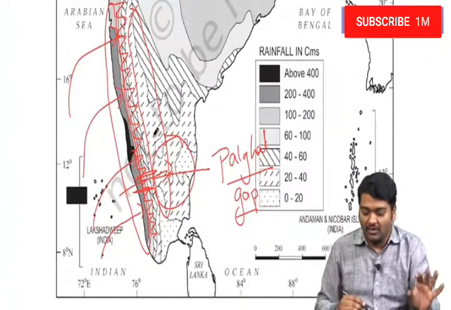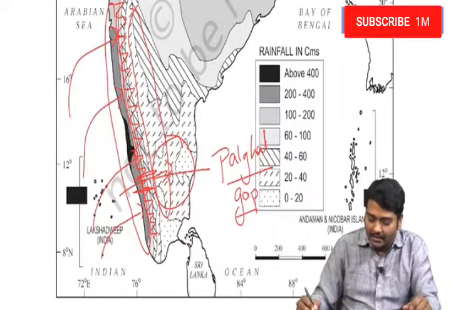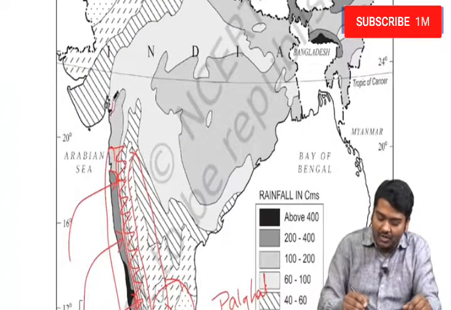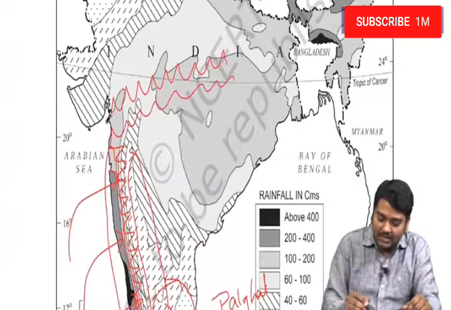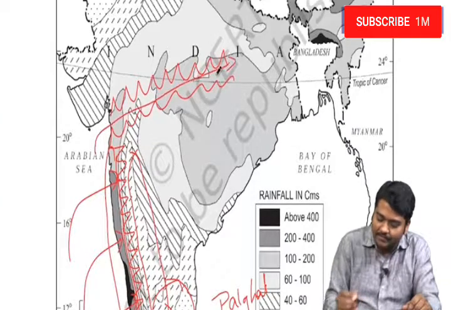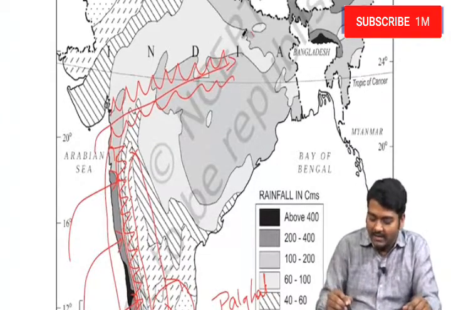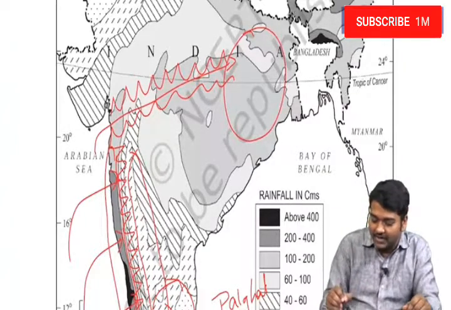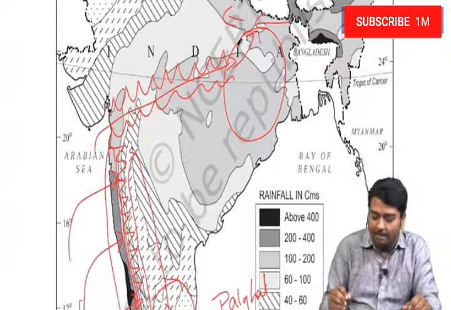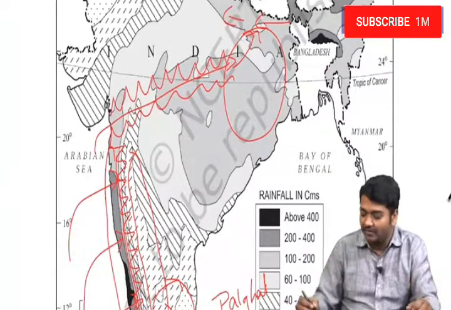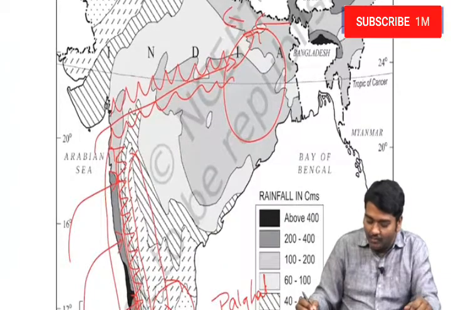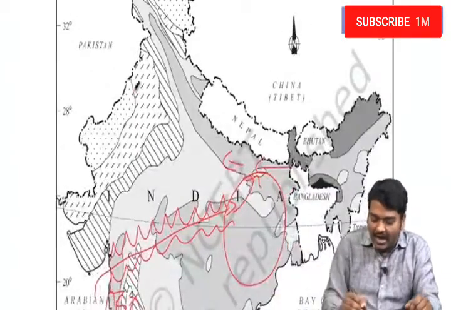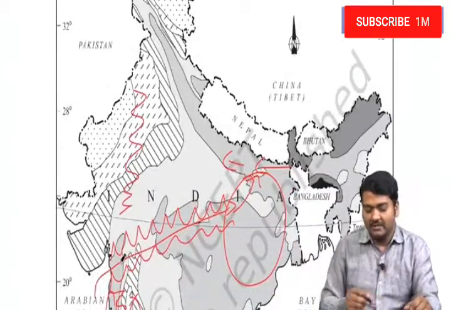Then in central India, you have the Vindhyas and Satpuras, through which certain winds blow and give heavy rainfall in this region. There will be another branch coming from the Bay of Bengal like this, and both will merge and give heavy rainfall.